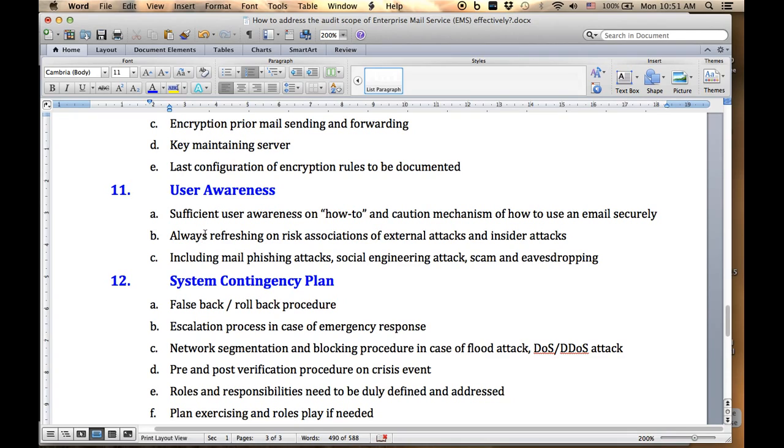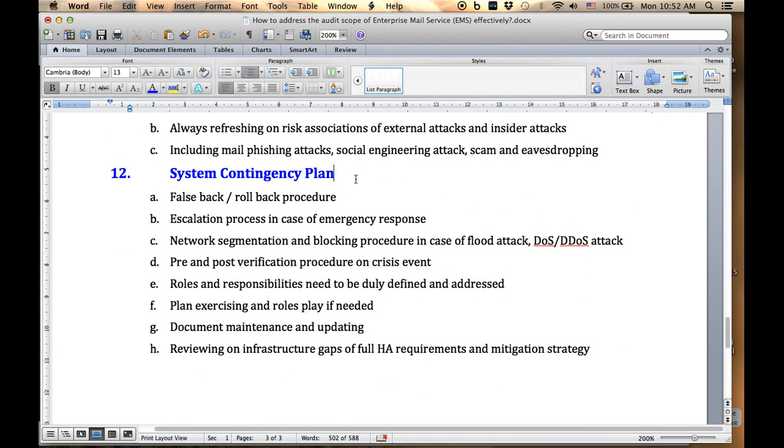The next is always refreshing the risk assessment of external attack and insider attack, including mail phishing attack, social engineering attack, scam, or eavesdropping attack. Whatever is involved in these areas, the IT security team needs to engage the HR department to provide user awareness on how to use email properly and in the right way.